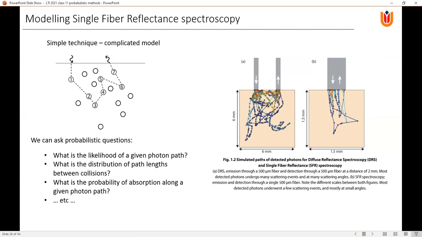The trajectories that are shown there are paths of individual photons. So the dots represent scattering events, and the lines represent propagations. As you can see, there is a lot of light that travels fairly straightforward from one fiber to the other in figure A. There are a few photon paths that take much longer.